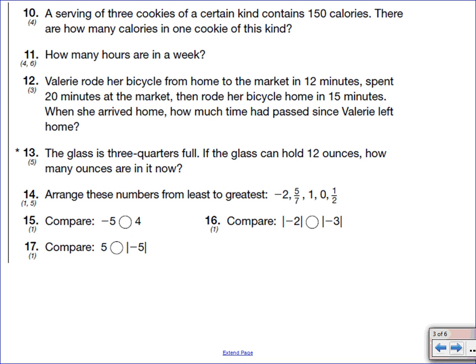A serving of 3 cookies of a certain kind contains 150 calories. How many calories are in 1 cookie of this kind? So this is an equal groups problem.